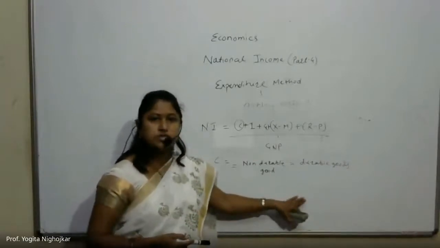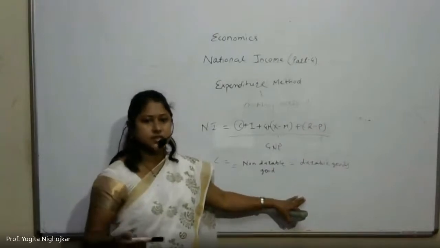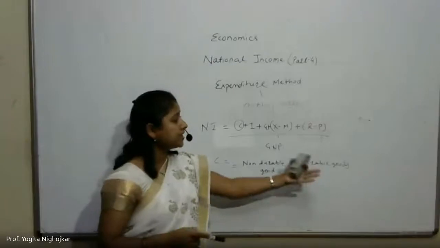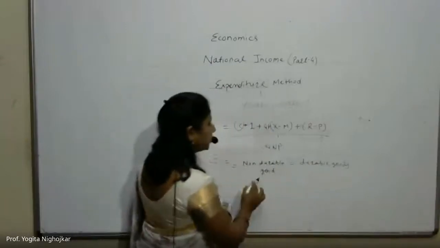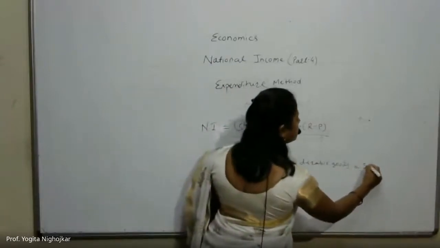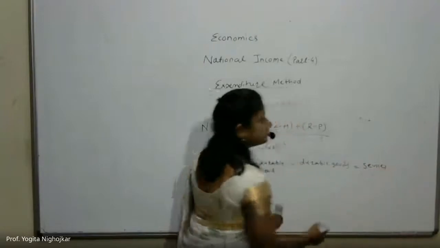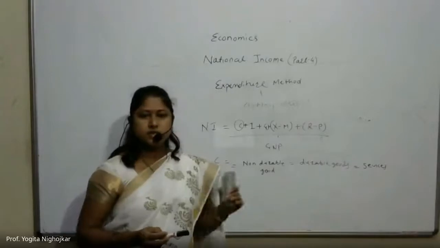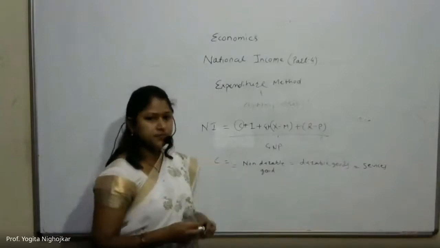Durable goods such as car, computer, TV, etc., are used for a longer period of time. And expenditure on services also, like transport services, medical services, etc.